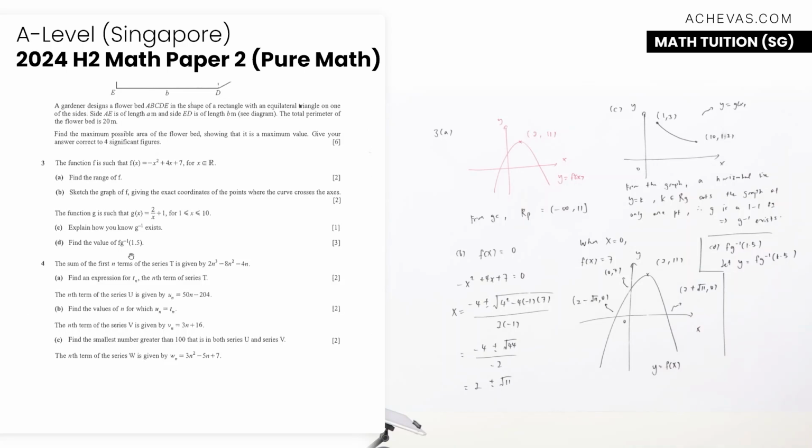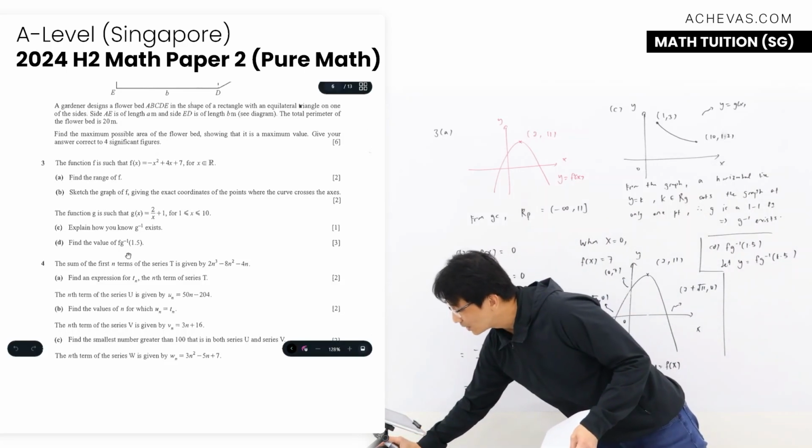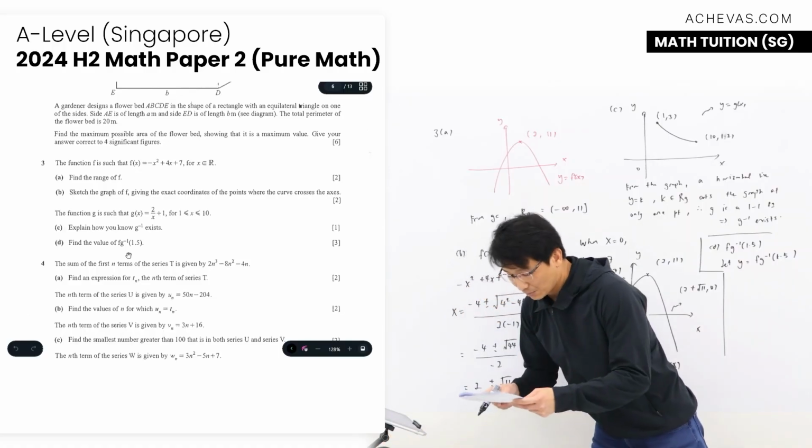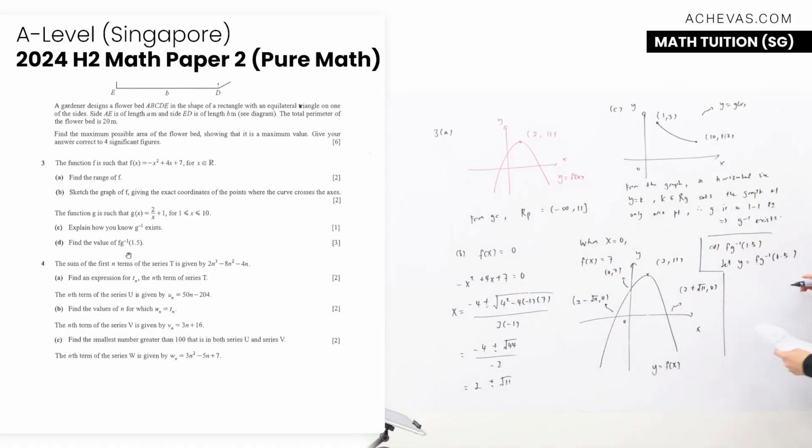For this part here, I'm going to let y be this part first, because this is the part that is giving me the trouble. So I'm going to let y be g inverse of this. Therefore, I can see that g(y) will just be 1.5.